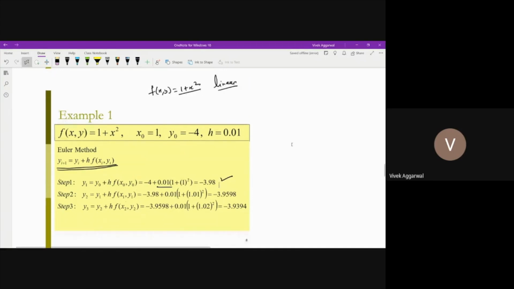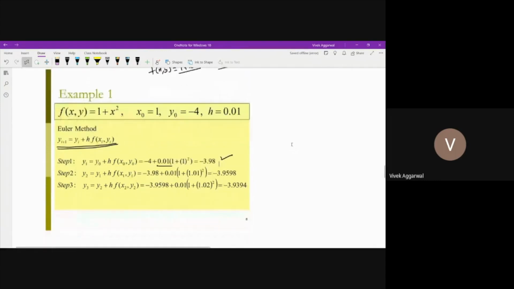Similarly, I will take my y1, and then I'll again substitute here. Whatever numerical solution I'm getting, I will take that value here, multiply by h, and add 1 plus this value, 1.01, so I'll get this value.